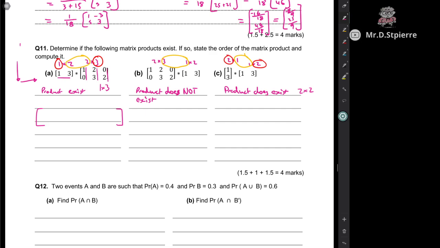So 1 times 1 is 1, plus 3 times 0 is 0, so 1 plus 0. Then the second one is 1 times 2, which is 2, plus 3 times 3 is 9. Then we have 1 times 0, which is 0, plus 3 times 2 is 6. So we get 1, 11, 6 is the resulting one. This one, we don't get anything.